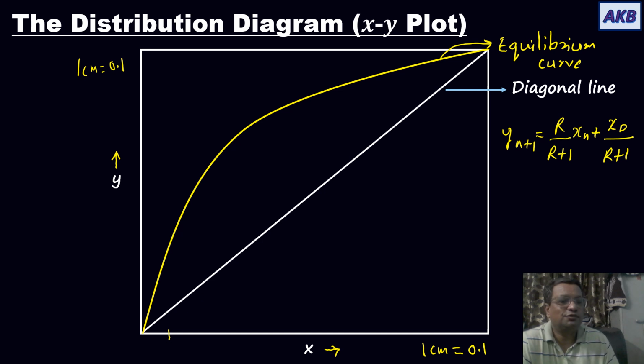Equation of a diagonal line, in this case, will be yn plus 1 is equal to xn. Okay, so in order to get the intersection point of these two lines, we will be solving these two equations simultaneously. That is the idea. Okay, let us go ahead.